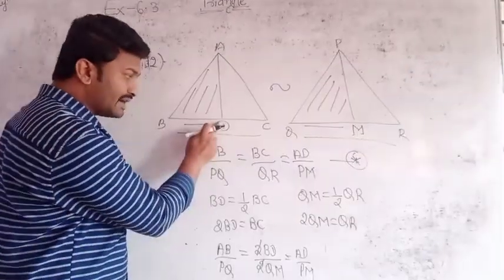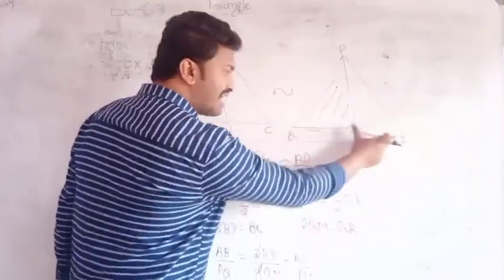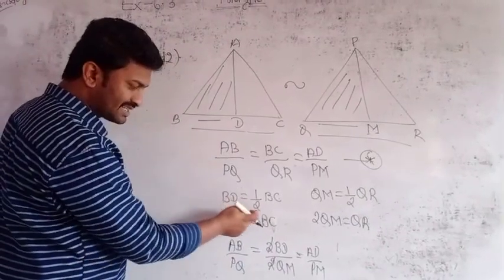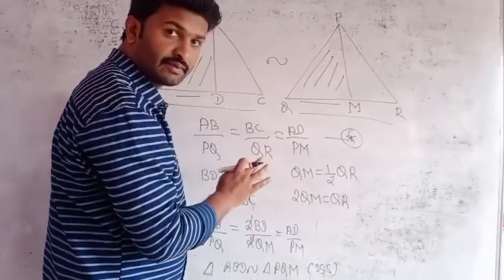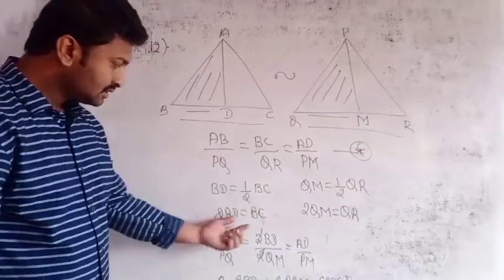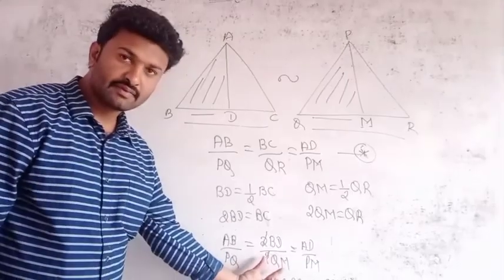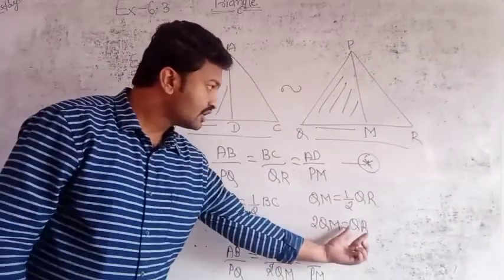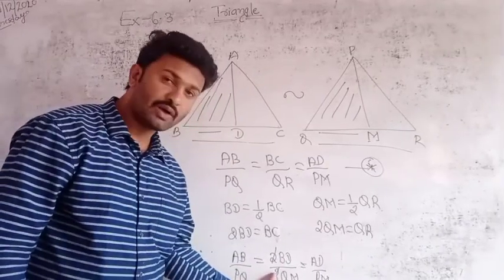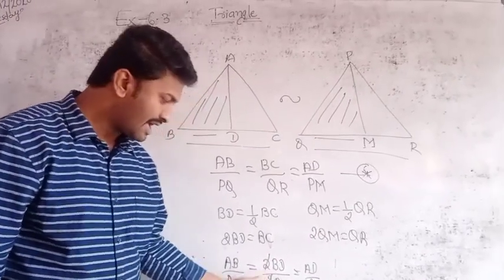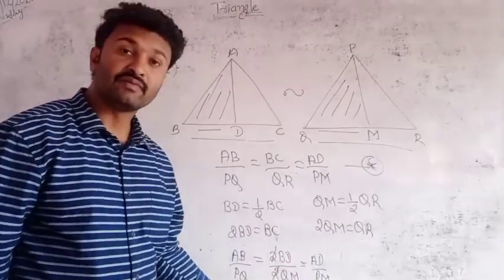This one we got by the midpoint of D. BD equals to half BC and QM equals to half QR, and cross multiplication 2BD equals to BC, and here 2QM equals to QR. Clear? And just we have to replace BC by 2BD and QR by 2QM. 2 cancels, and what I got in the place of BC by QR is BD by QM.